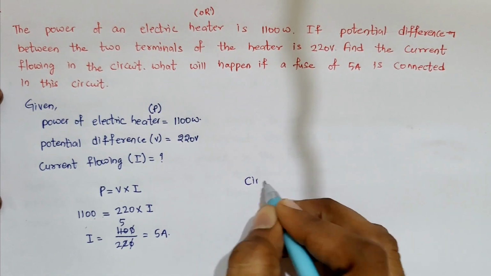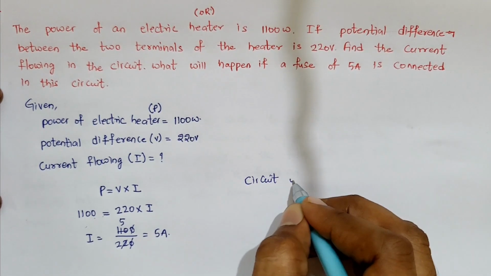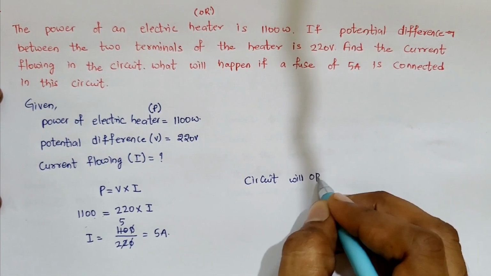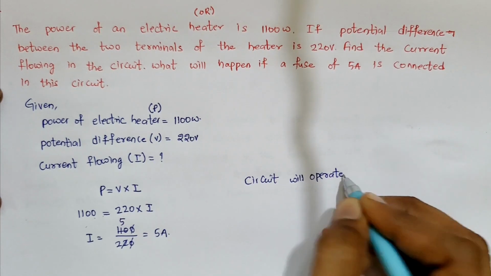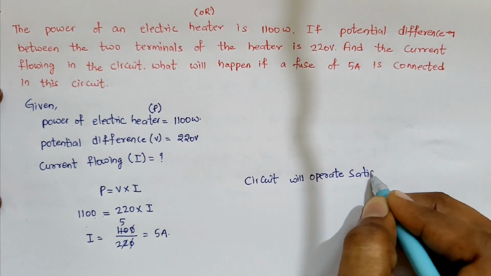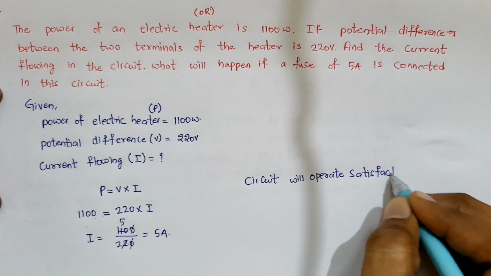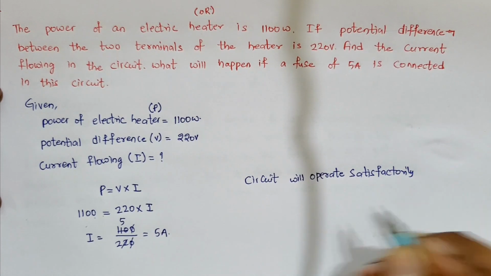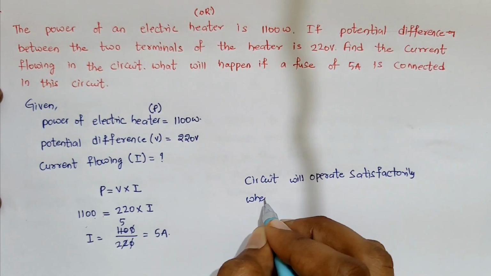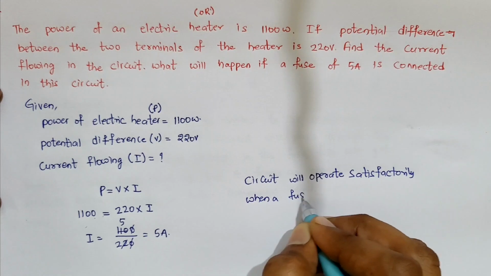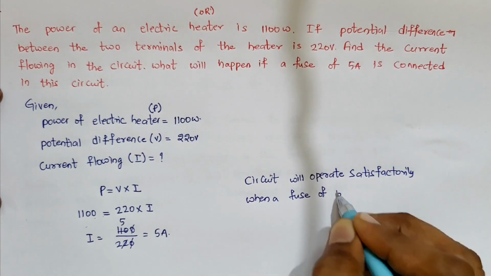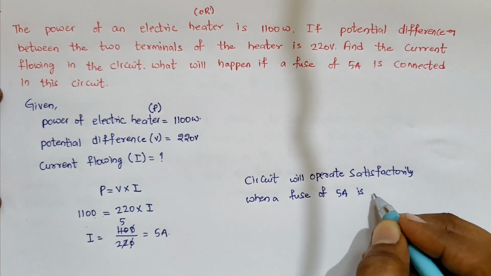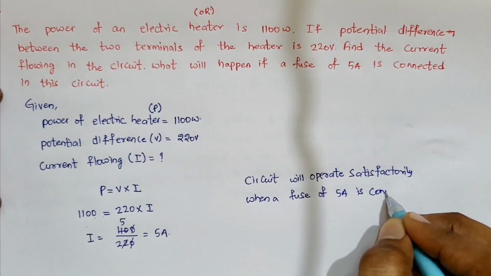The circuit will operate satisfactorily when a fuse of 5 amperes is connected.